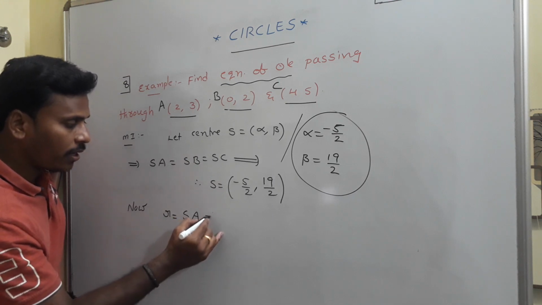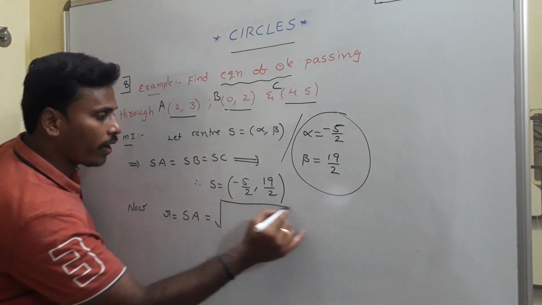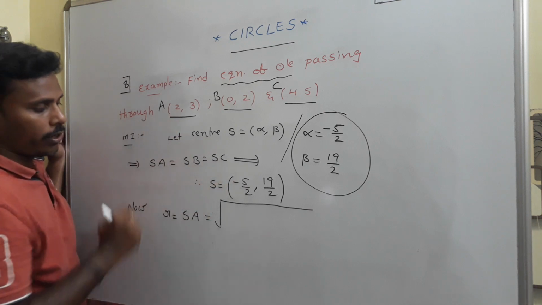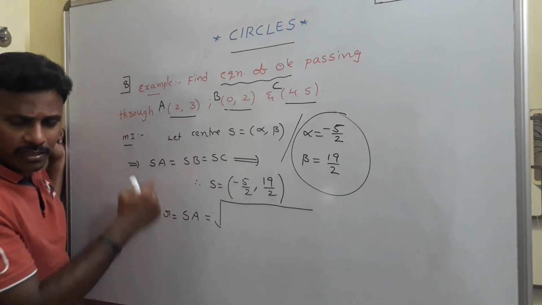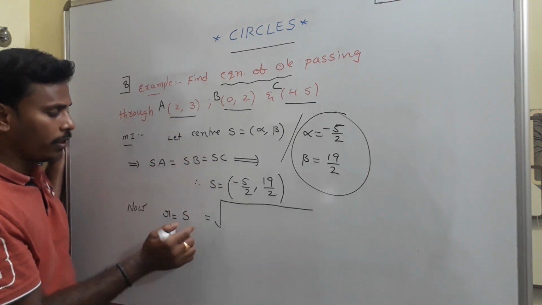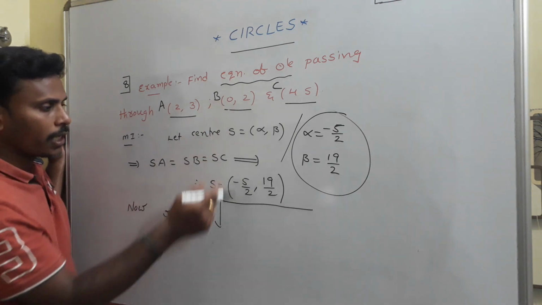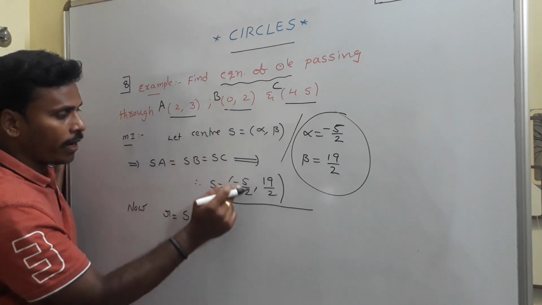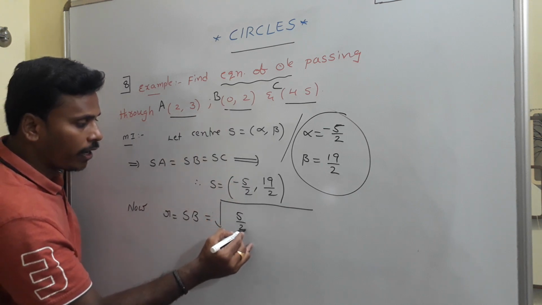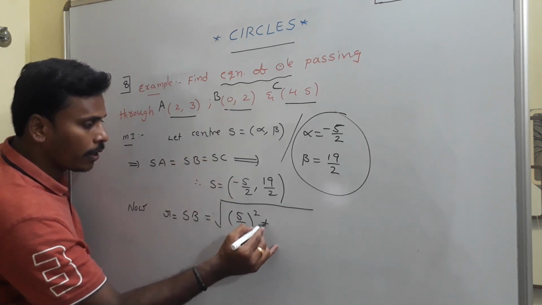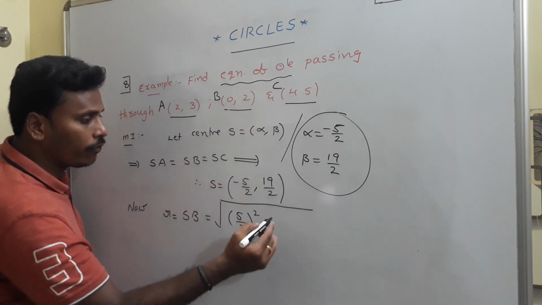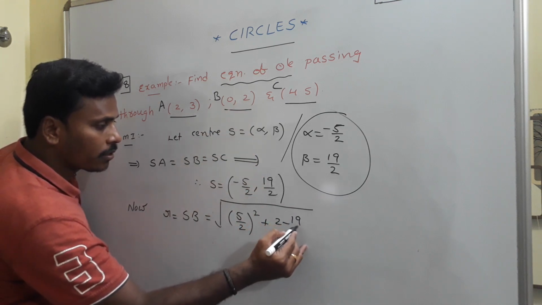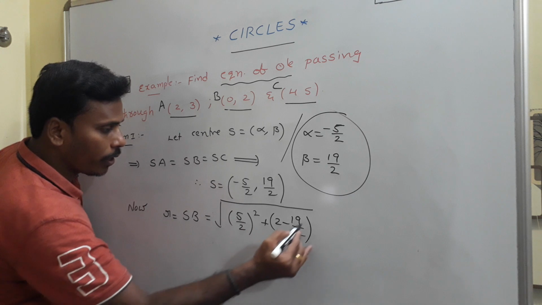So what is that SA? That is equal to the square root of the distance between these 2 points. You may use anything, SA or SB or SC. I will use SB because it has 0, which gives some comfort. x2 minus x1 is 5 by 2 whole square plus y2 minus y1, 2 minus 19 by 2, whole square.